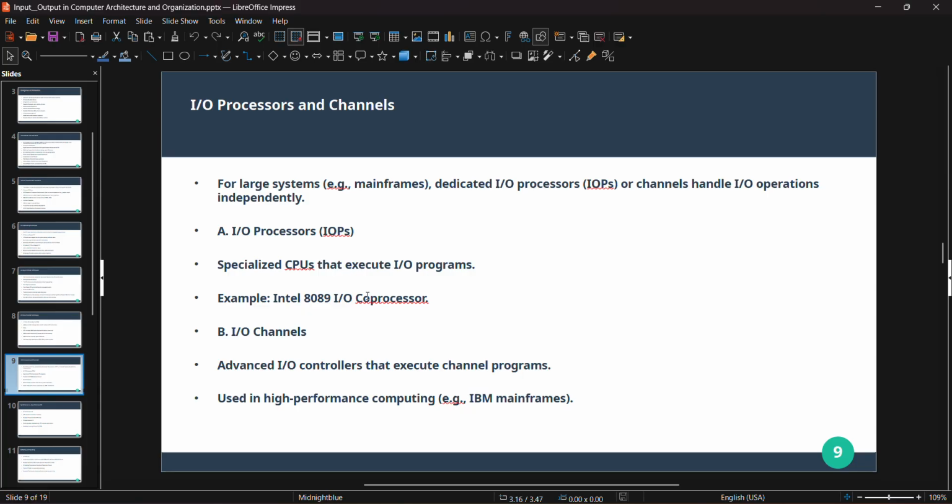And then we have the input output channels, and these are advanced input output controllers that execute channel programs. They are used in high performance computing. So it looks like the input output channels are faster than the input output processors.